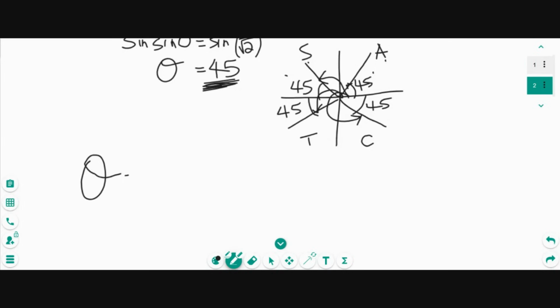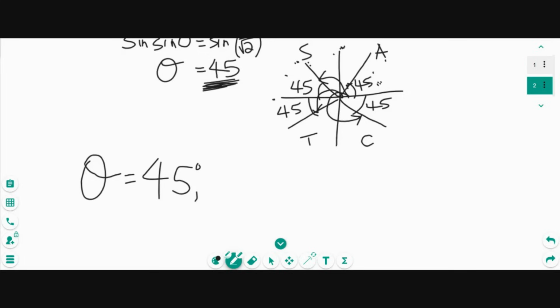So theta is, the first one, 45 degrees. The second one, this was 90. Okay, I want to know now which portion have I added. If from this axis to here is 45, it means the remaining part is also 45 because the whole quadrant is 90.